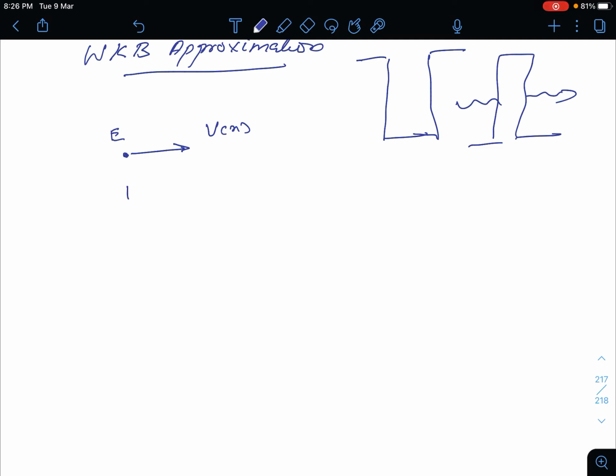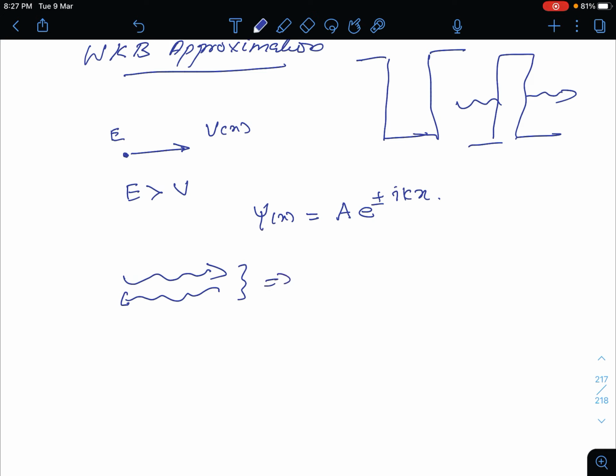Suppose E is greater than V. In that case the wave function, which we have derived in undergraduate classes, will be of the form e raised to plus or minus i kx, where the plus wave function is the wave which moves in the right direction and the minus sign indicates the minus x direction.